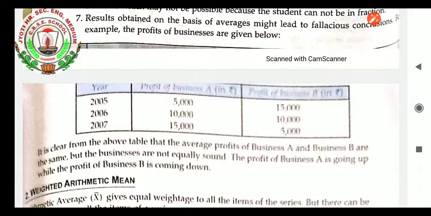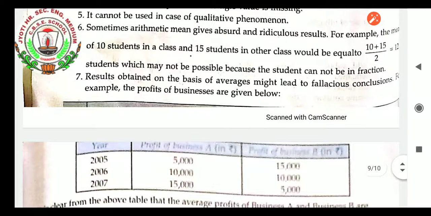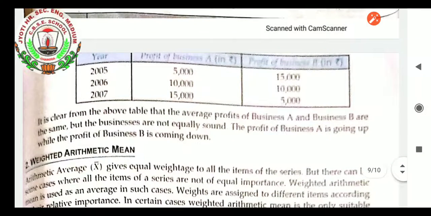But the profit of business B is getting down. But when we take the average of the profits of business A and business B, it comes out the same. So a result obtained on the basis of average sometimes shows a fallacious conclusion, because the actual values of x are hidden at that time. We are seeing only the mean.